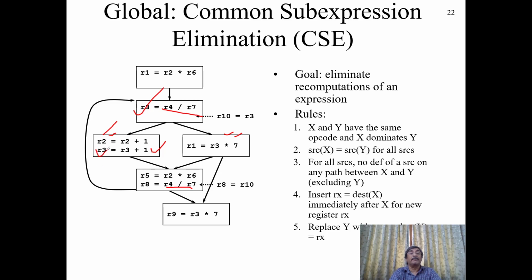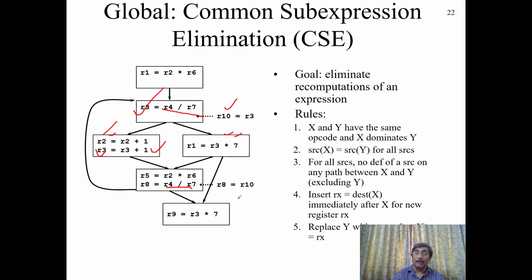So the value of R4 by R7 in R3 is no longer remaining. It is changed. R4 has not changed, R7 has not changed, but R3 changed. So I need to remember R3 in a different register or address, which is R10, and that R10 I can use here.